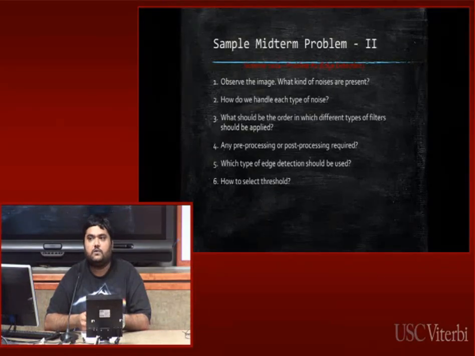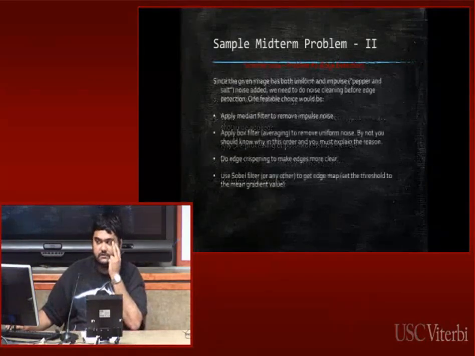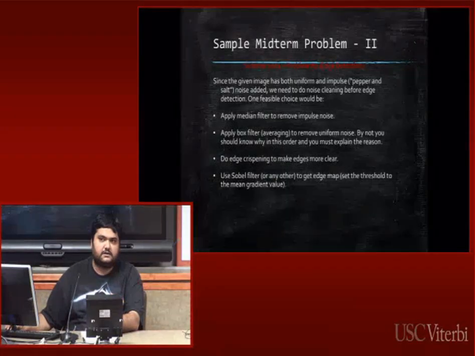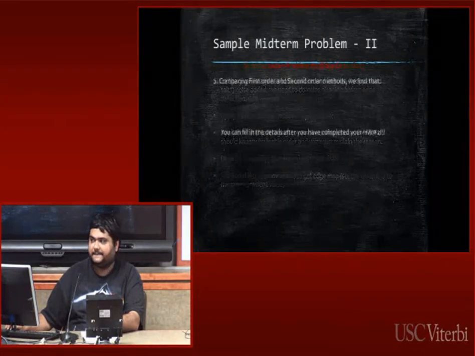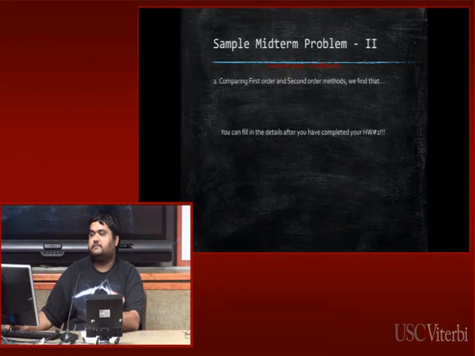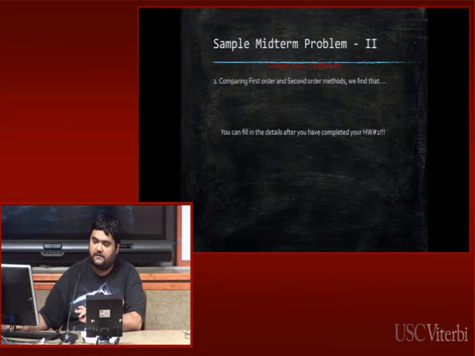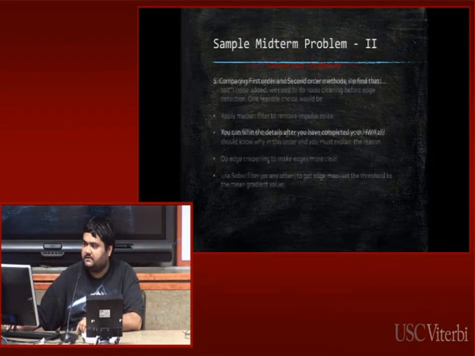A lot of people mistook that as salt and pepper noise, and applying the median filtering just worsened the situation. So just be careful when you do the midterm problems. This is something where you'll be able to fill in the gaps after you've done this assignment.